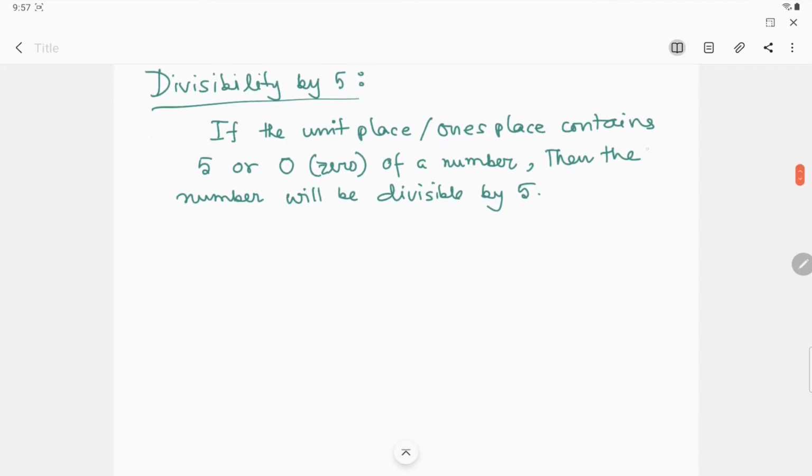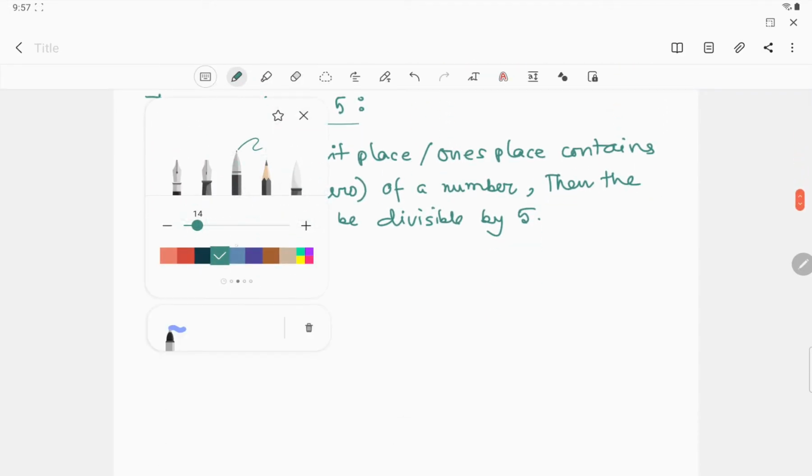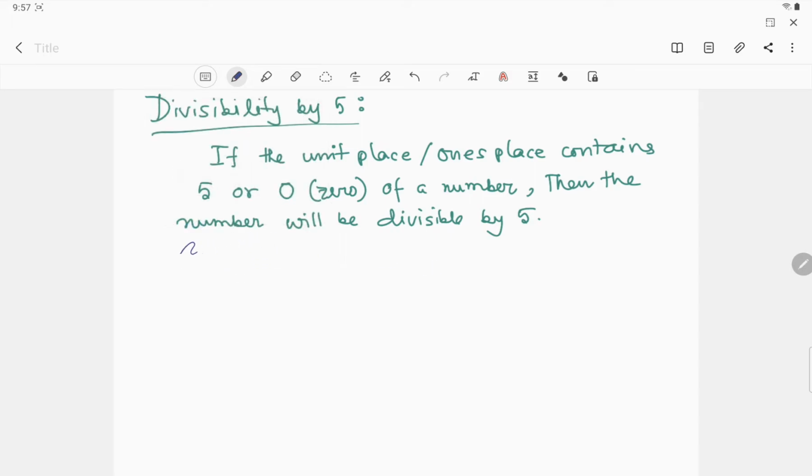Suppose I am giving you an example, 155.